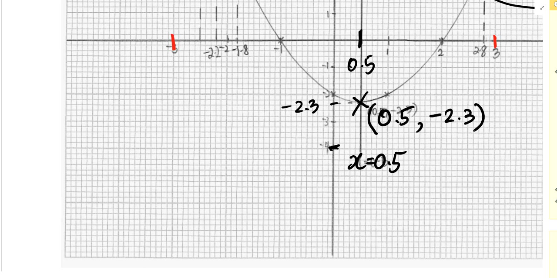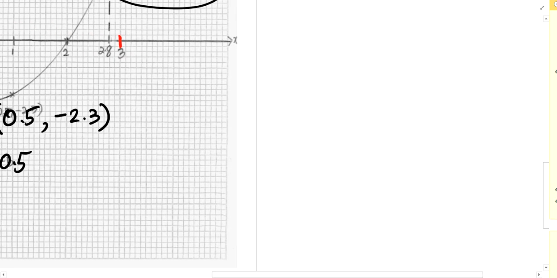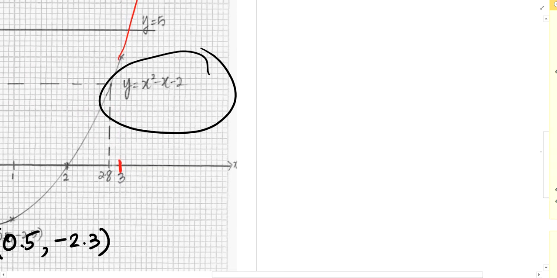Shashan, what can we do? Substitute what into what? Yeah, substitute 0.5 for x into the equation, right? Can all of you try that right now? Put 0.5 into the original equation of y equals to x squared minus x minus 2. What does your calculator tell you?